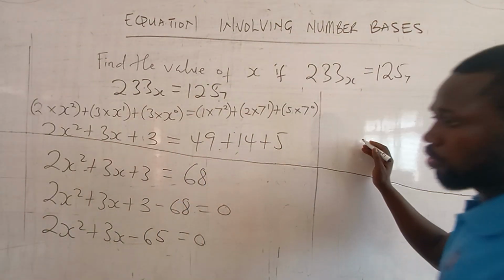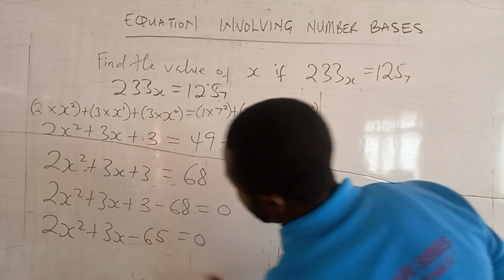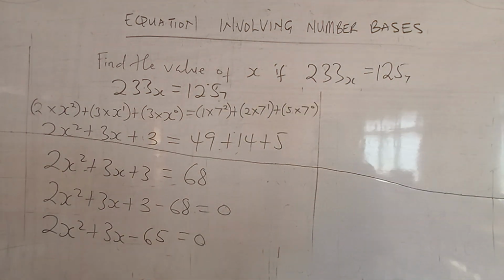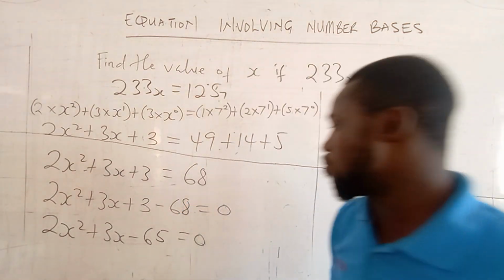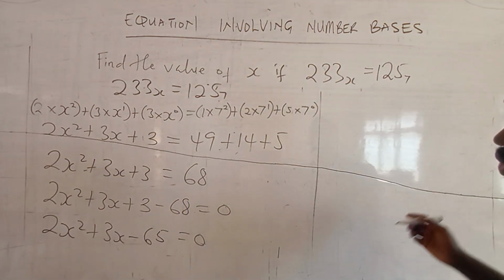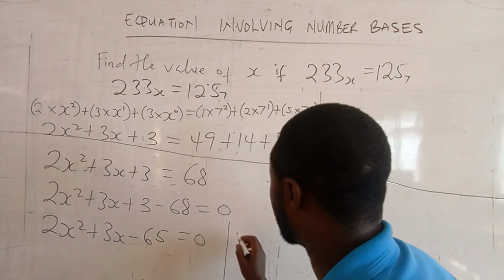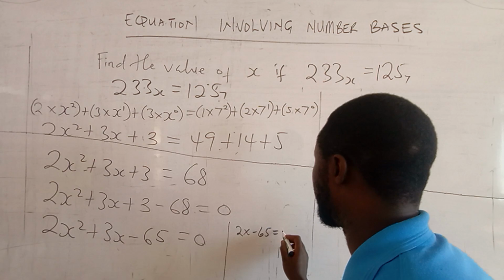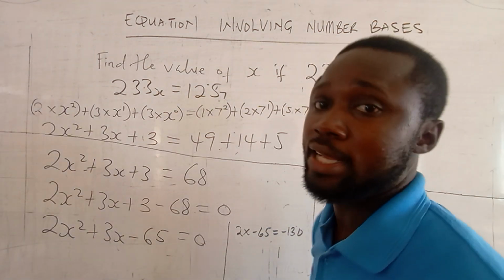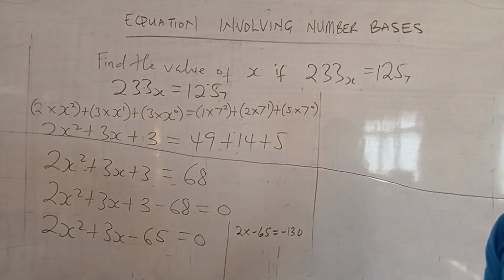Alright. So whatever we have here, what we know is that you take the coefficient of x squared, which is 2, and then you multiply by the constant. So here, 2 times minus 65 is going to give me what? Minus 130, alright? This is what I'm going to get.